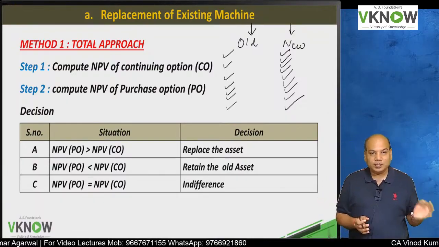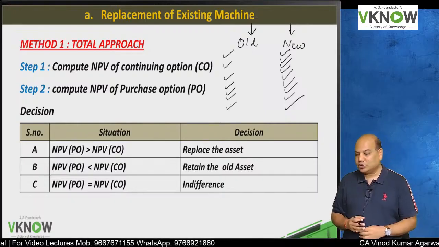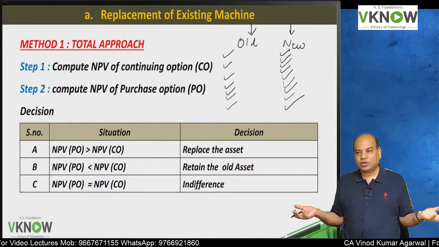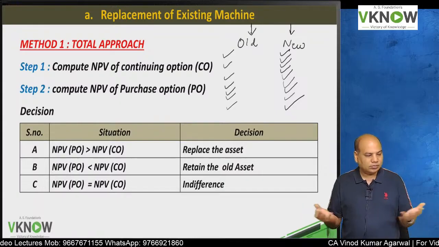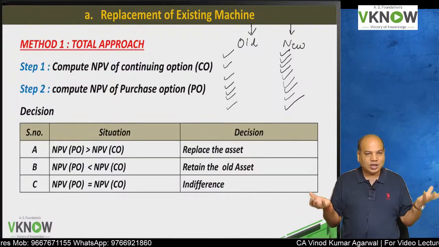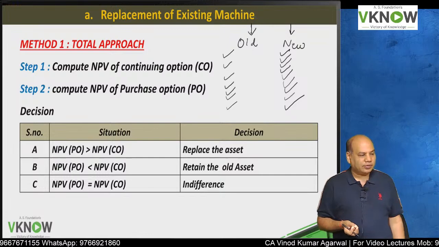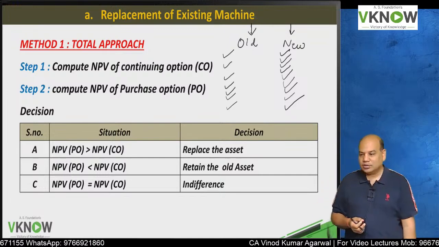And if the NPV of the purchase option is equal to the NPV of the continuing option, theoretically you will say indifference, because my NPV is equal under continuation of the old asset and purchase of the new asset, I'll be indifferent.